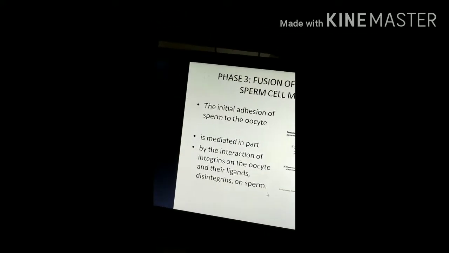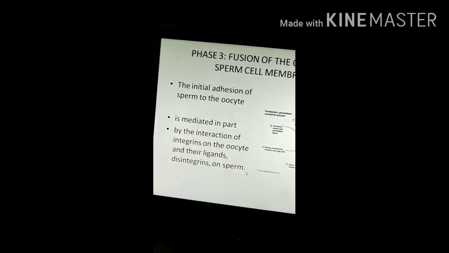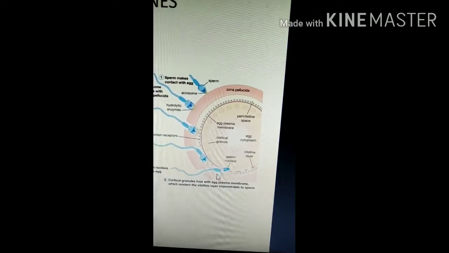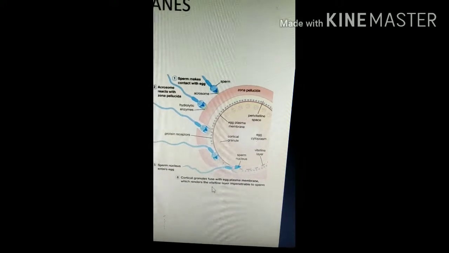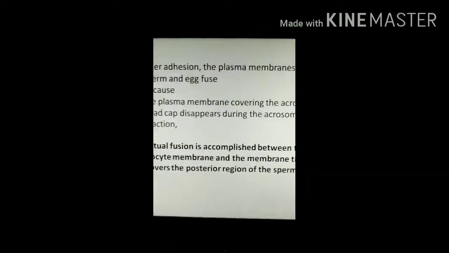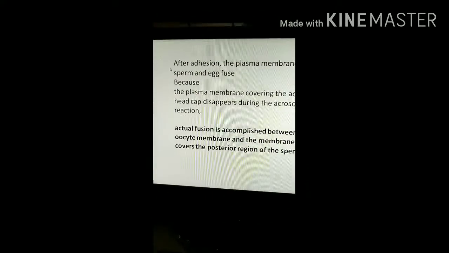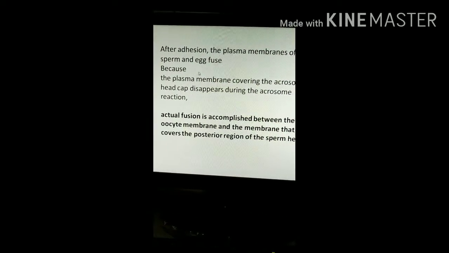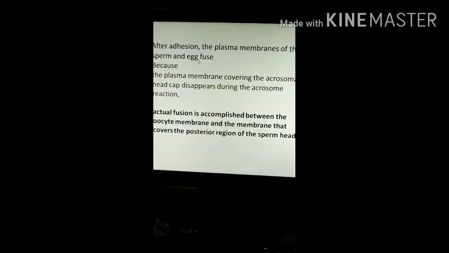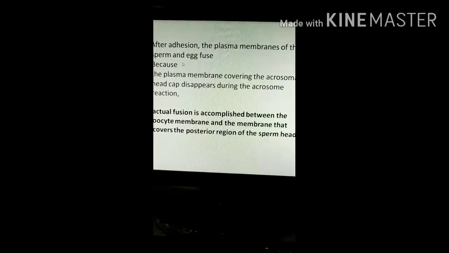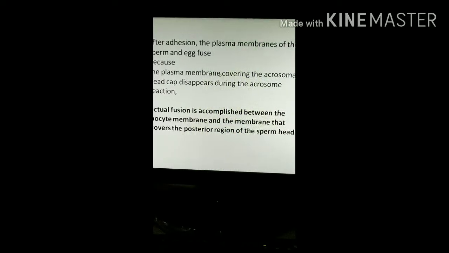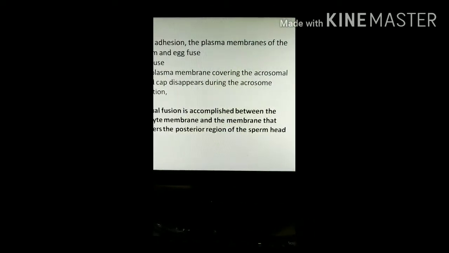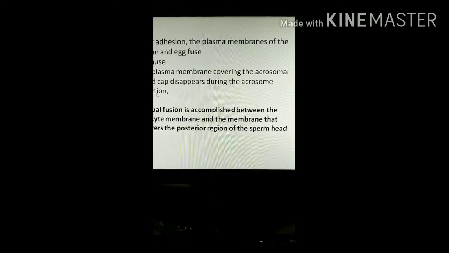Then the surfaces of the oocyte and sperm fuse. After adhesion, the plasma membranes of the sperm and egg fuse. Why do they fuse? Because the plasma membrane covering the acrosomal head cap disappears during the acrosomal reaction.